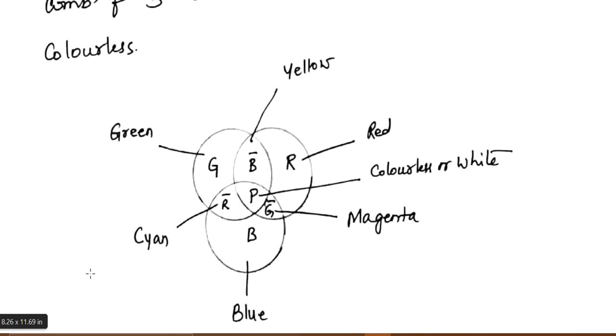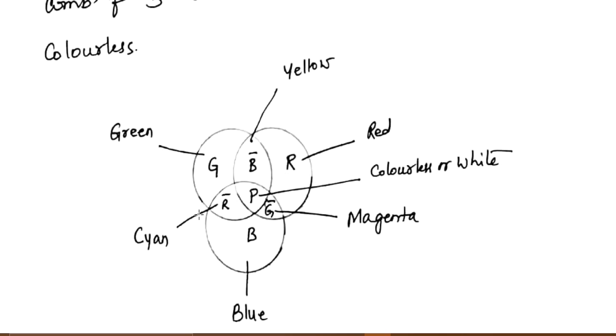Look at this diagram, you can understand better. The first circle is green, the second circle is blue, and the third circle is red. Suppose green and blue overlap.